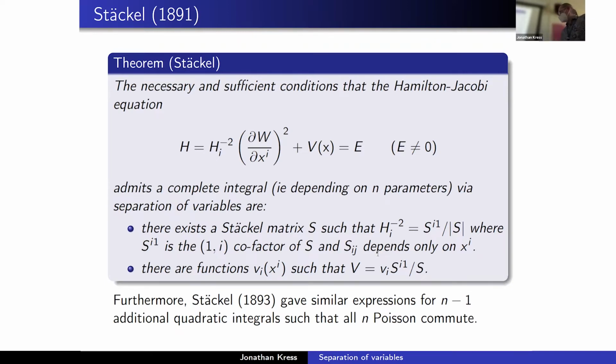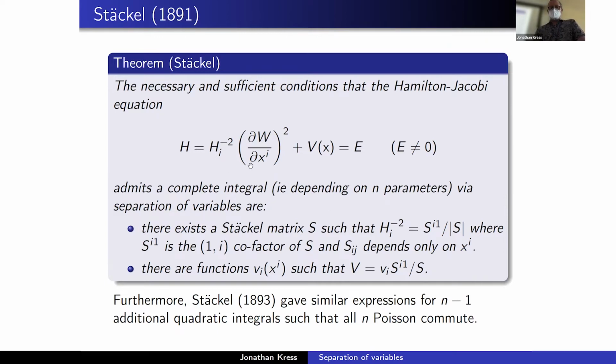So he also gave, actually you see, these hi's will depend on this matrix of cofactors with a 1 here every time. Of course, there's 2, 3, 4 up to n as well. And they essentially give you additional quadratic integrals of the motion.